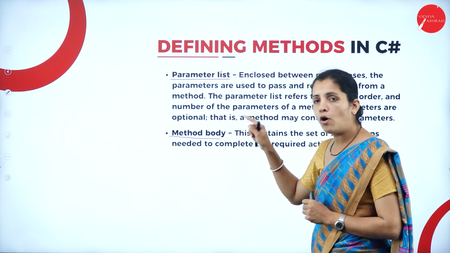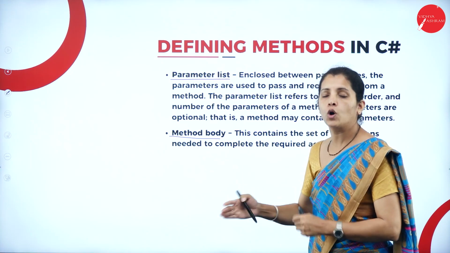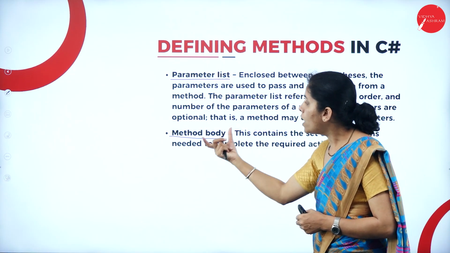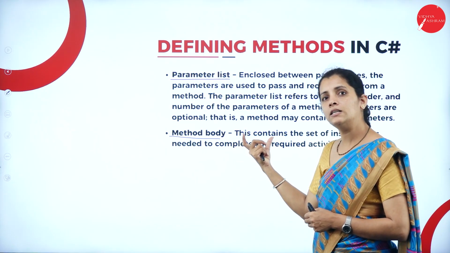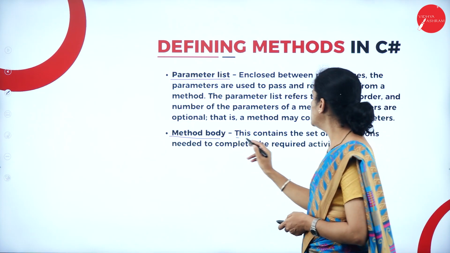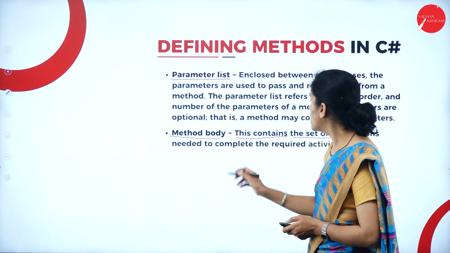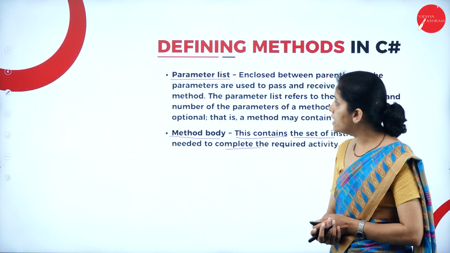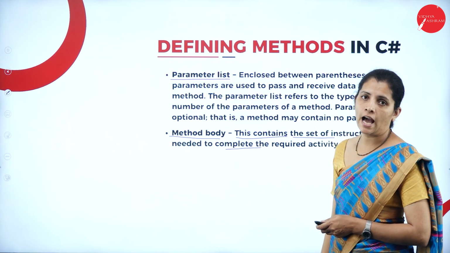In my method body, I'm going to specify what operation or what calculation I want to perform. What does the function body include? It includes statements as well as variable declarations. This contains the set of instructions needed to complete the required activity. This is the way I can define methods in C#.